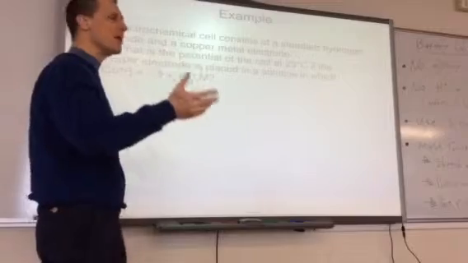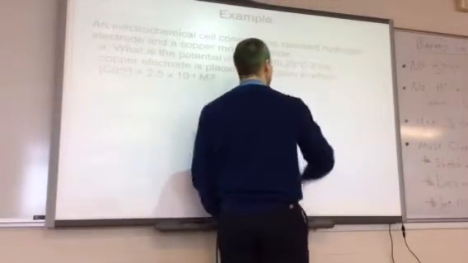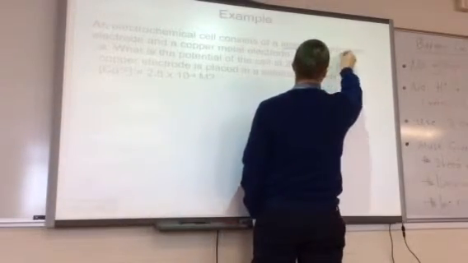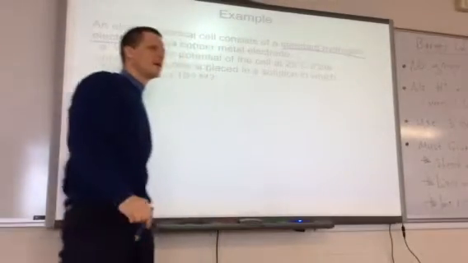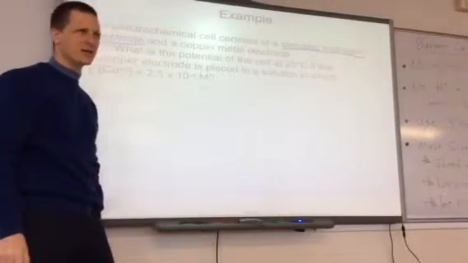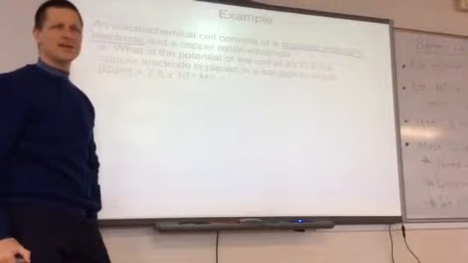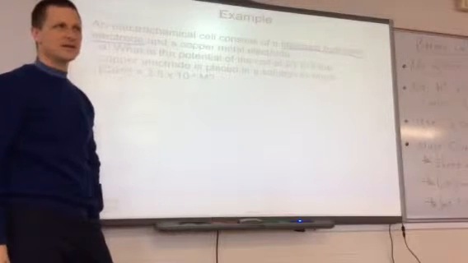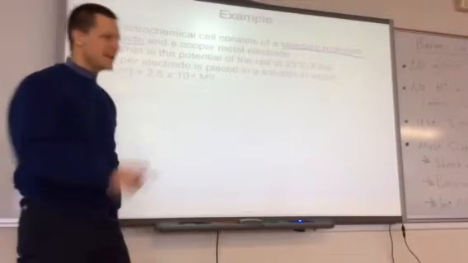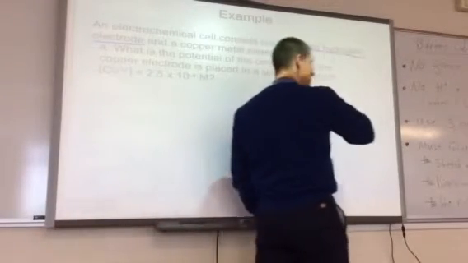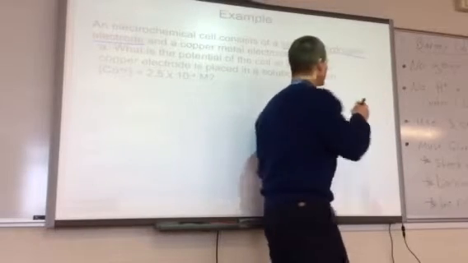I'd like you to try this problem, but before you do, I think we should talk about this expression right there. A standard hydrogen electrode. What do you think they mean by that? Like 2H+, 2. Yeah, that's going to be that baseline standard reduction.